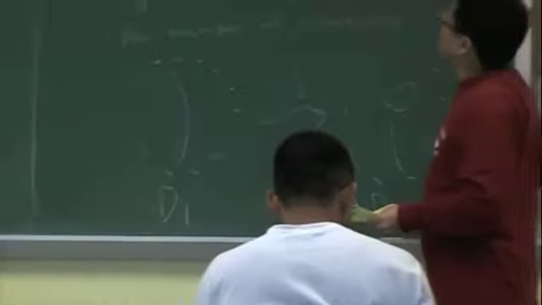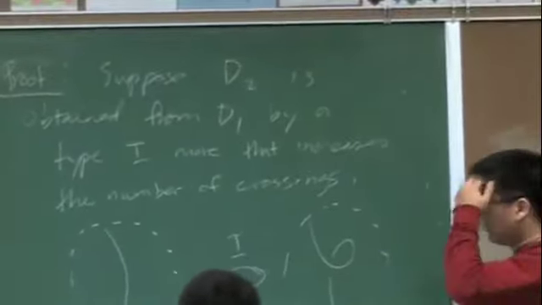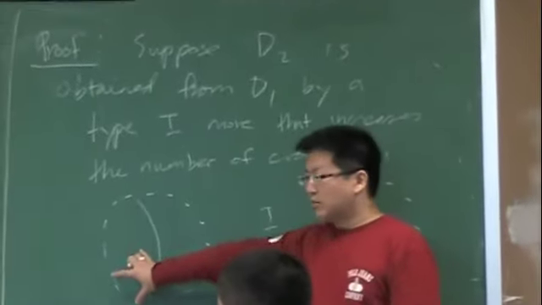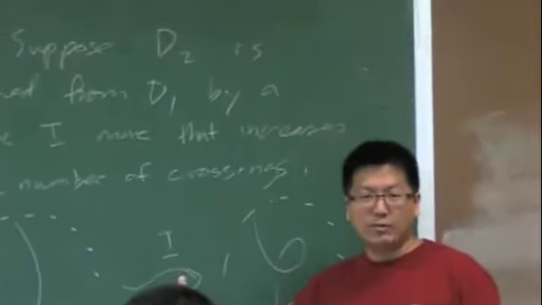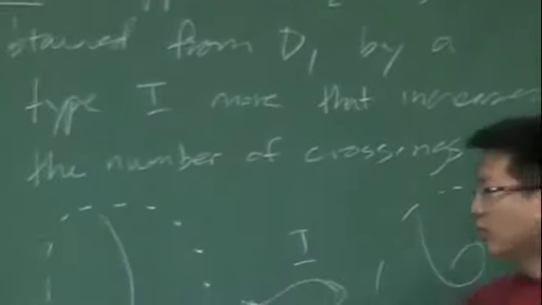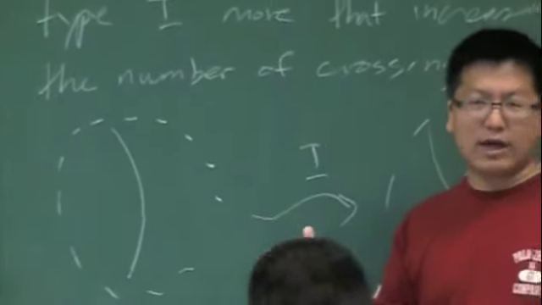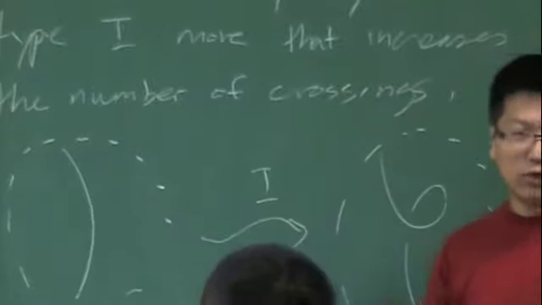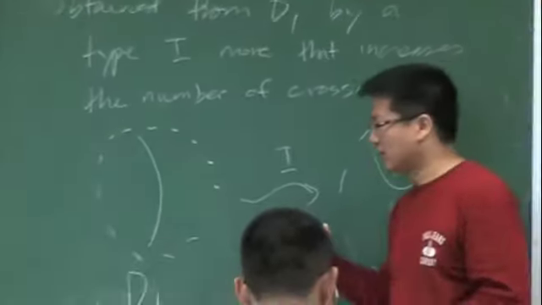I guess trying to show the property of being tricolorable is preserved, we assume this diagram D1's tricolorable, then we try to get a tricoloring somehow from here. So now, obviously, we can't see what's going on outside, right? If we just started saying, like, look at a crossing outside this dash circle and change or do something, then it's going to sort of start a cascading effect.